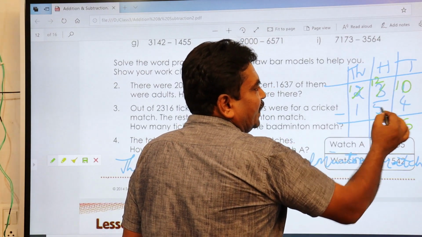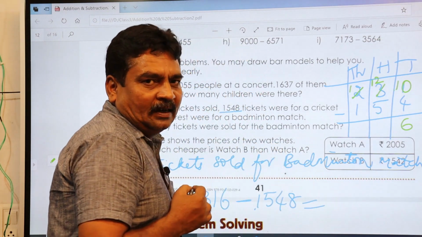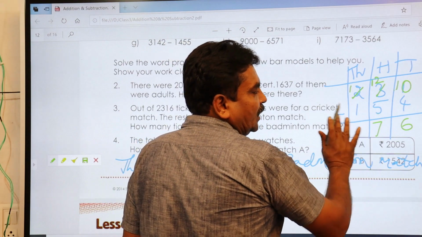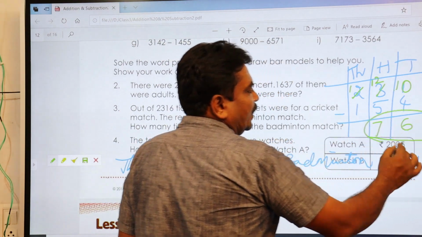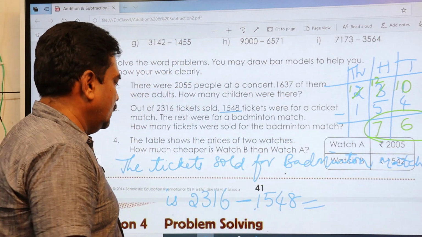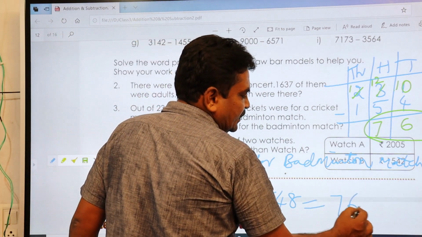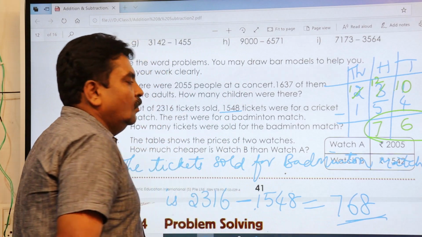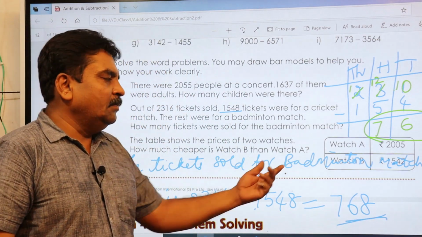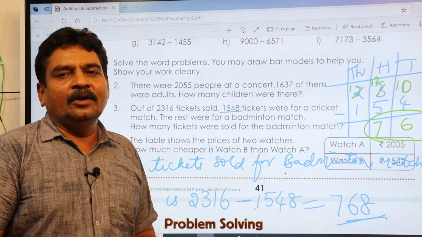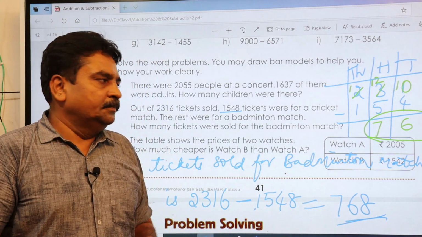So 12 minus 5 is how much? 7, so write down 7. 1 minus 1 is 0, so no need to write 0 here. So the answer is 768. Write down 768. How many tickets did he sell for the badminton match? 768. In this way you are going to do the problem.